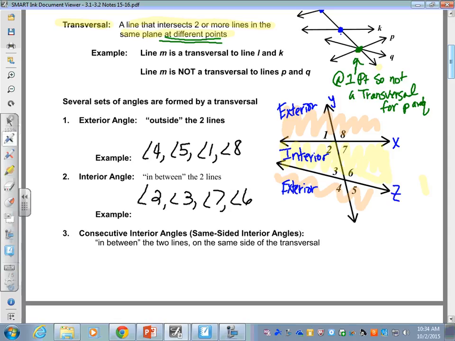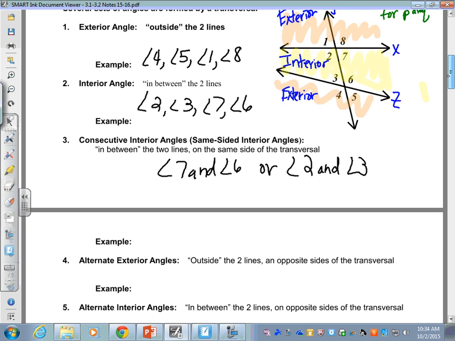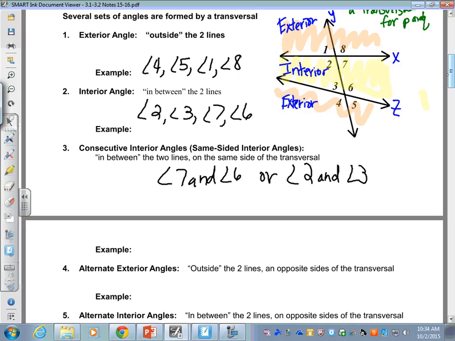So I would list 7 and 6, or 2 and 3. Now I'm going to keep this figure up so you can answer the types on the next page, okay? So if you go to your next page, it's going to be in relationship to this figure. And I'm going to keep it on the smartboard so you can see it.